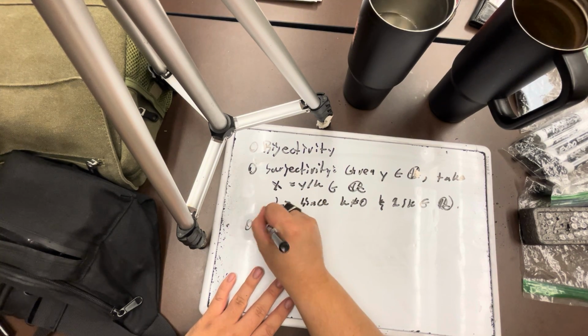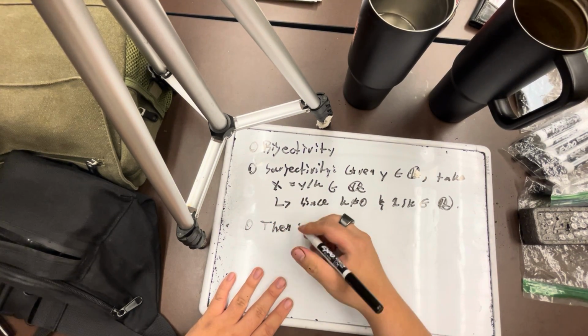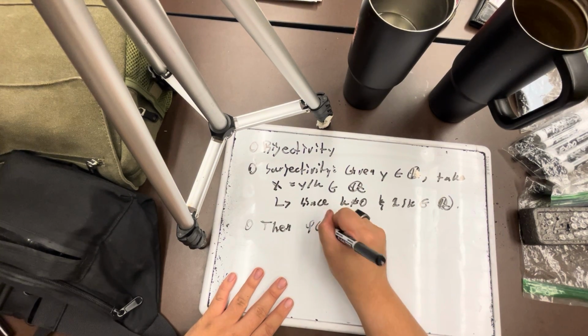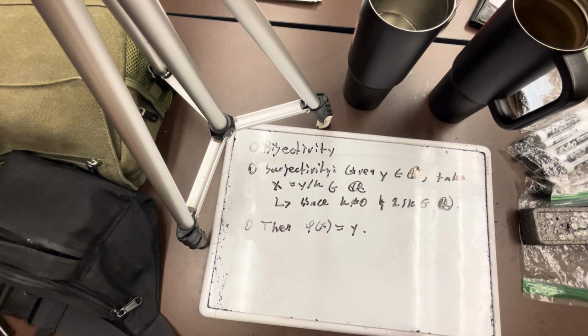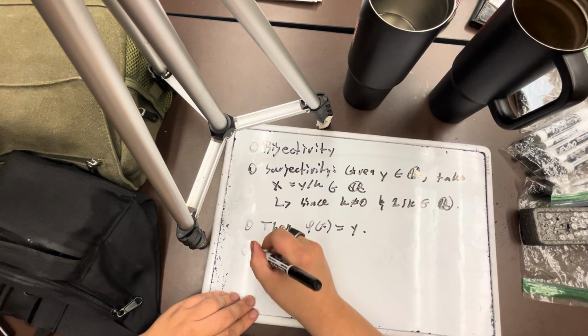Then what do we have? Then phi of x is equal to y, which gives us surjectivity. So, okay, now let's look at injectivity.